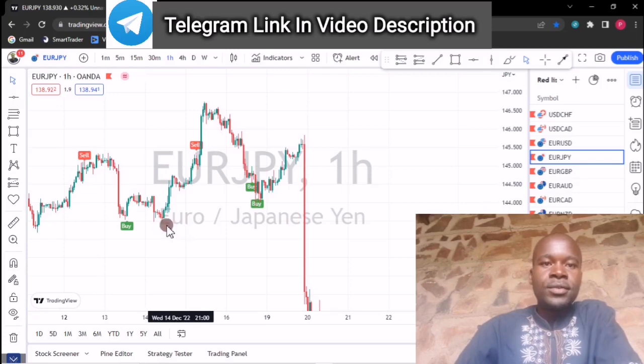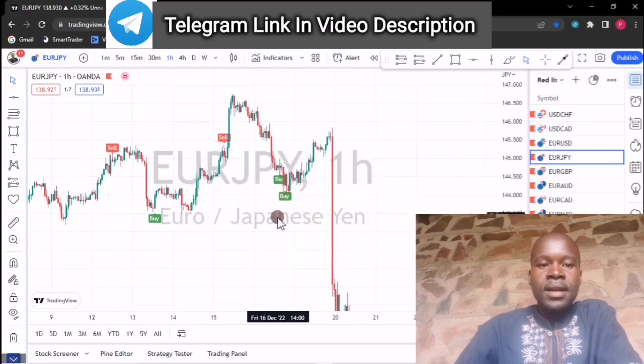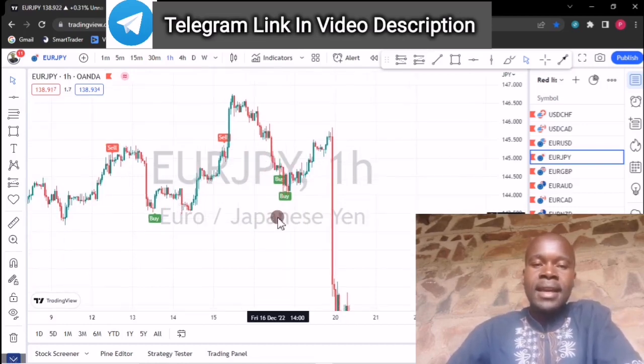What we are going to use are the buy and sell labels, but most of them are fake, and the only thing that we are looking at is how to bypass the fake ones and identify the real ones.